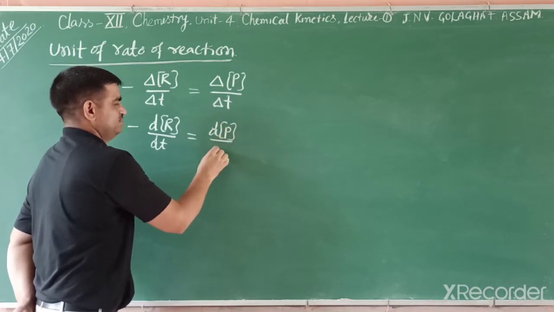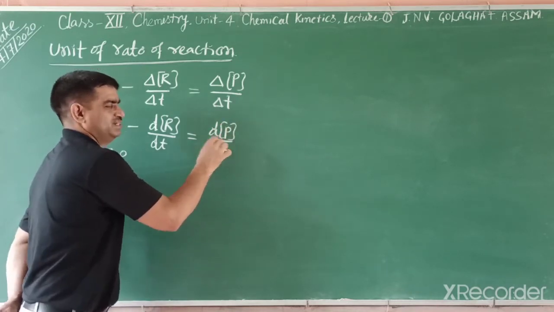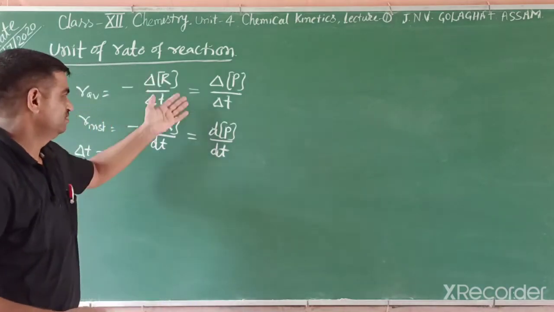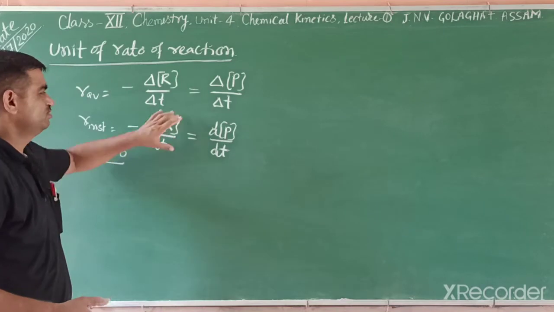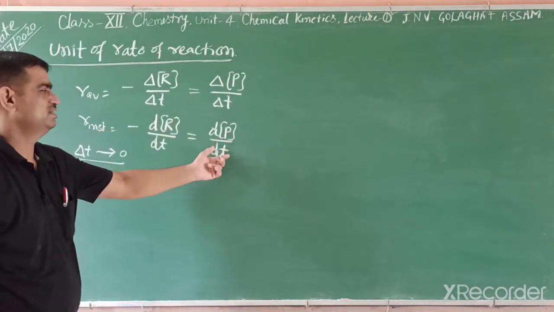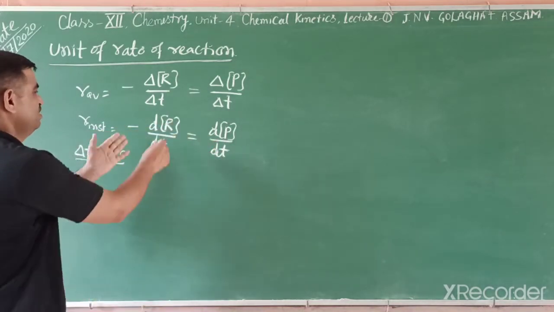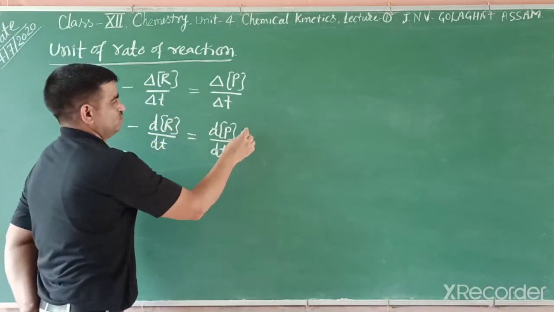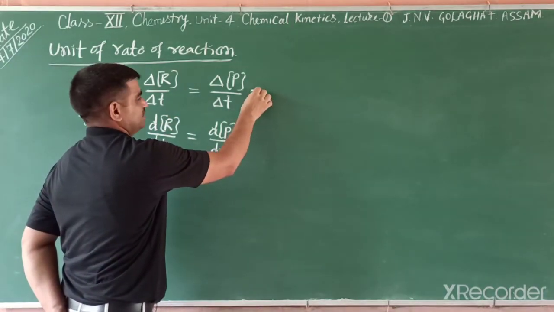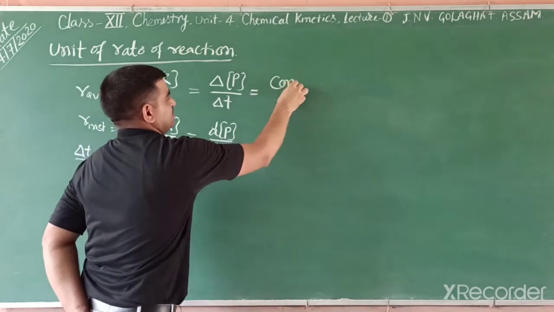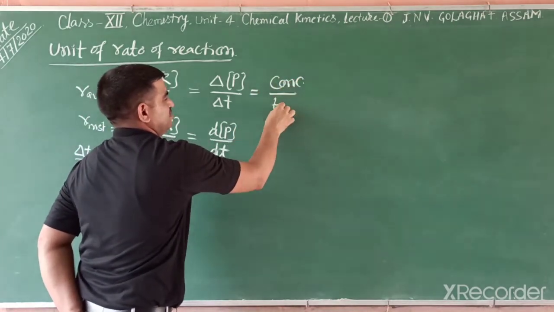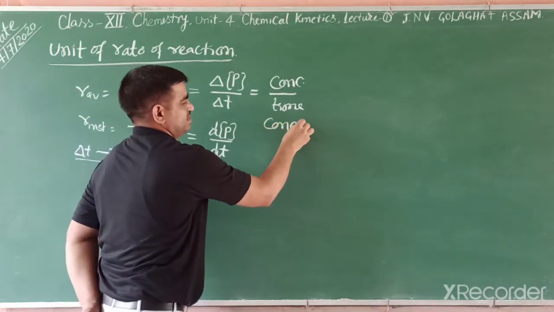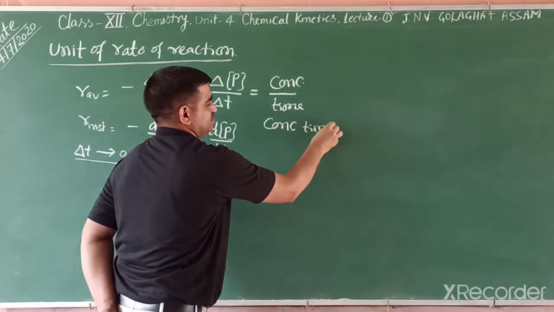So what are the units of the rate of reaction? Students, don't depend on memorizing the unit, because we can identify the unit by this formula only. This one is concentration and this is time. So the unit of the rate of reaction is concentration divided by time, or we can say concentration time inverse.